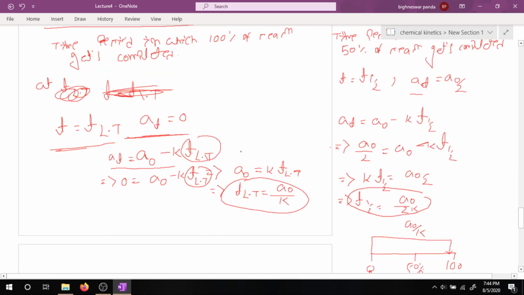T100% will be a naught by k, and T half or half life will be a naught by 2k. By considering these two equations, I can say that equal amount of the reaction will get completed in equal time interval.